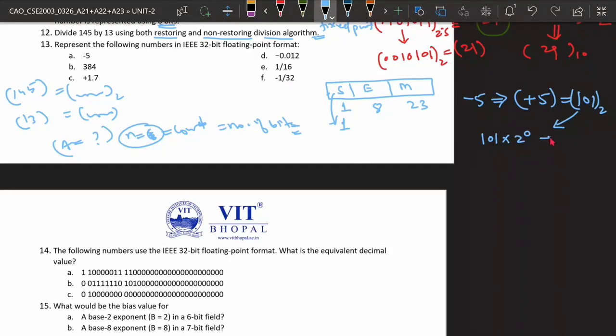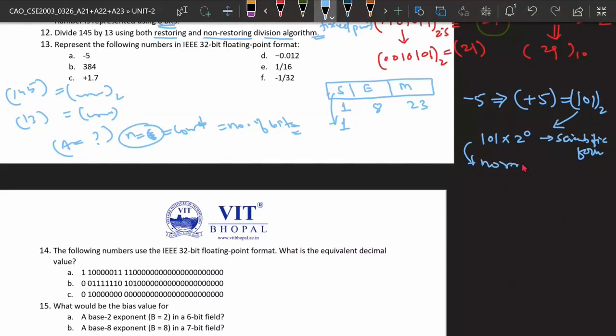This is the scientific form. But you can represent this number in 32-bit floating point only when it is in normalized form. Now we need to do the normalization.